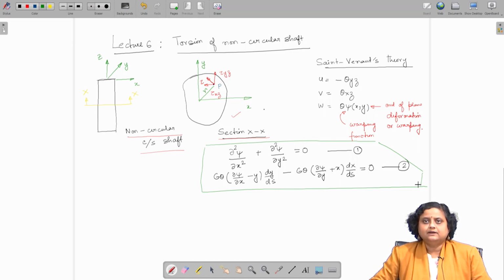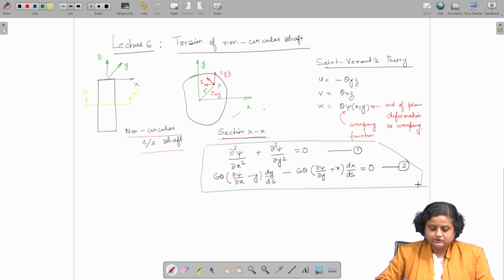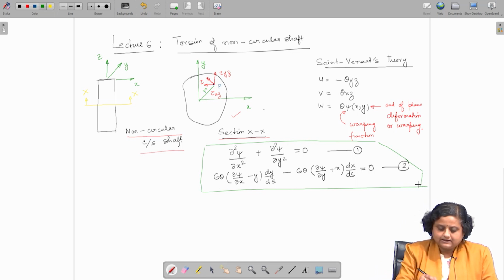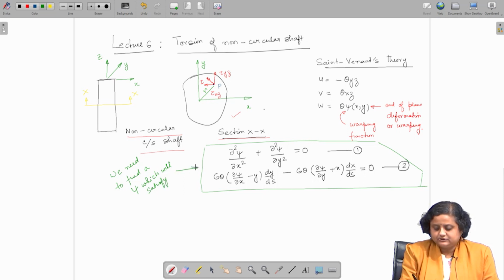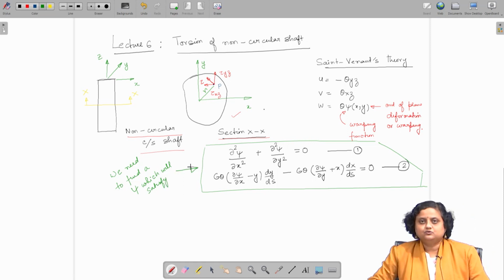Only then will the solution for psi give you a true equilibrium solution which will satisfy the boundary condition. So, in a nutshell, we need to find a psi which will satisfy these two conditions.